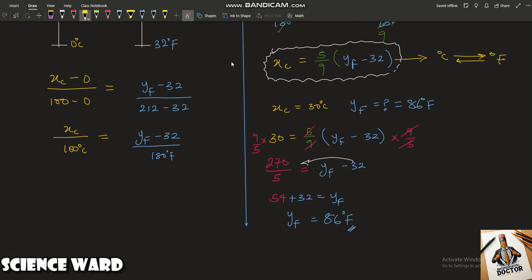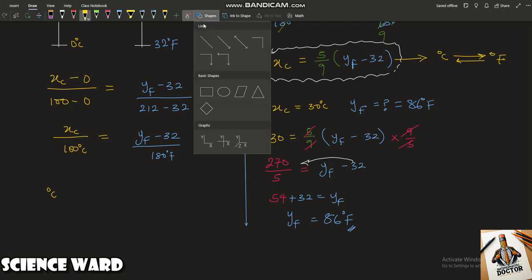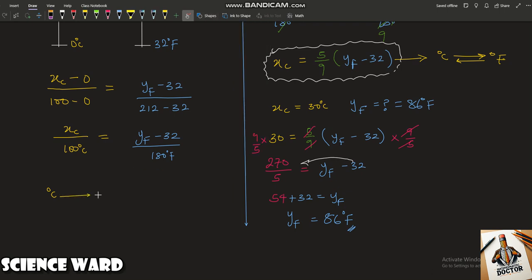Let us try to convert between the Kelvin and centigrade scale. I'm looking for the relationship between the Celsius or centigrade scale and the Kelvin scale.